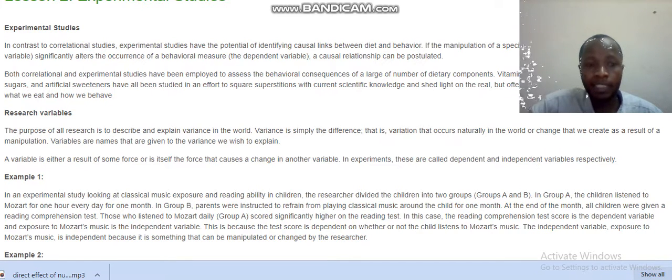A variable is either a result of some force or is itself the force that causes a change in another variable. In experiments, these are called dependent and independent variables respectively.